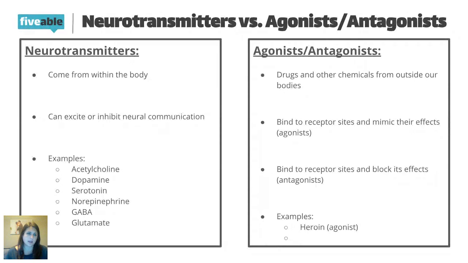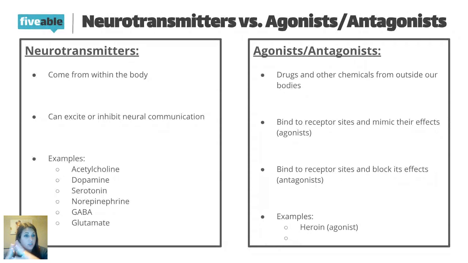And so an example of an agonist would be heroin. Heroin mimics the effects of some of the neurotransmitters in our bodies, which is why heroin makes us feel good, makes us feel relaxed, because it mimics some of the dopamine and stuff like that that's going on in our body. That's also why you go through withdrawals from something like heroin.